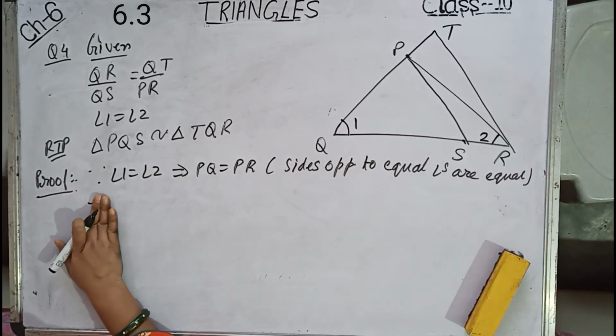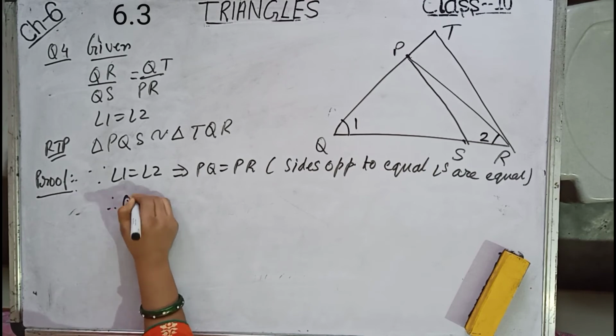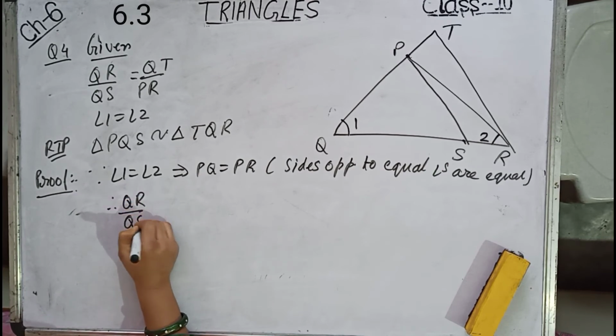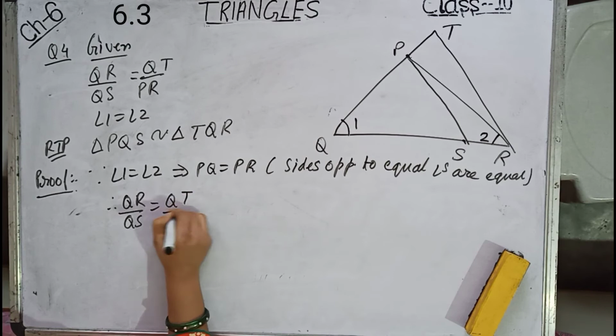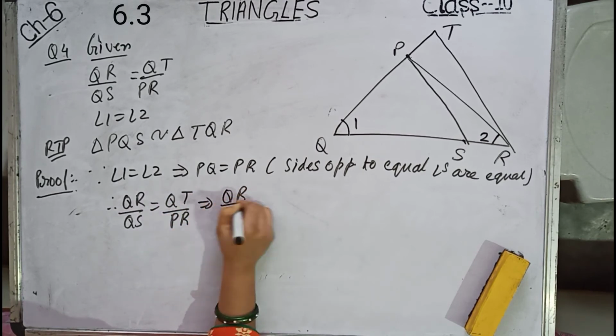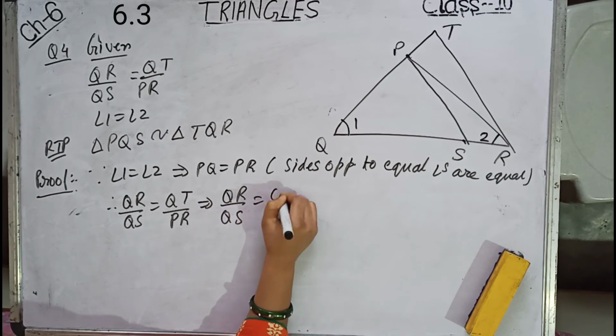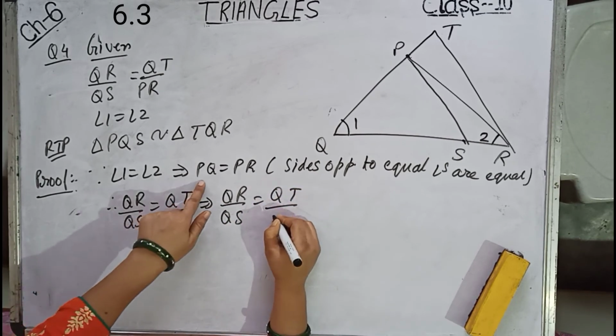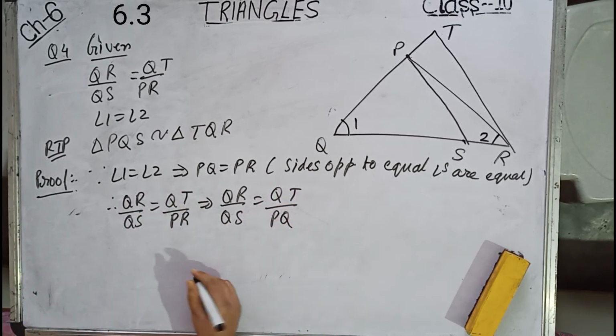So therefore, QR by QS equals QT by PR implies QR by QS equals QT by PQ.